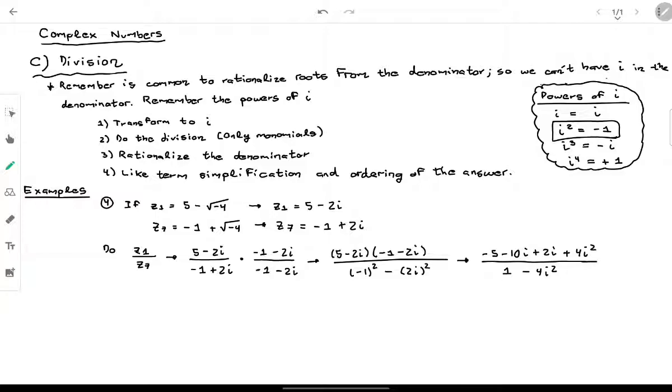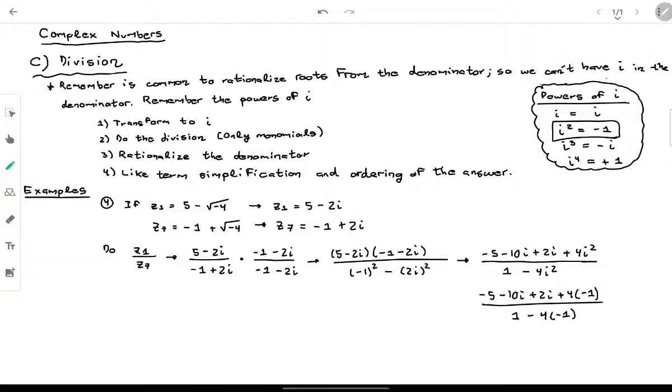After that, we are able to change the powers of i. Those that are i squared, we can change them. So it's going to be 10i plus 2i plus 4 that multiplies minus 1. Remember, i squared is minus 1. On the bottom part it's going to be minus 4 that multiplies i squared, that is minus 1.